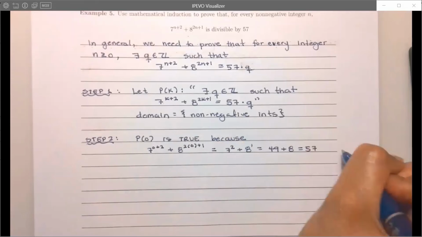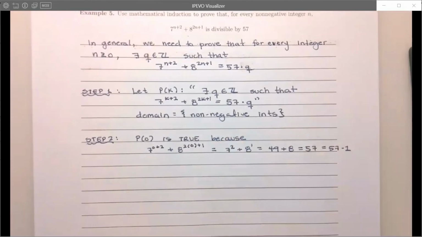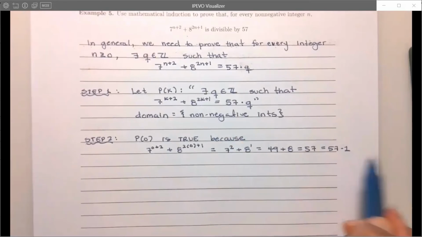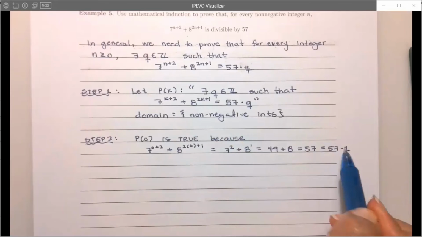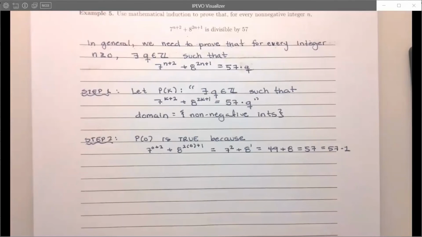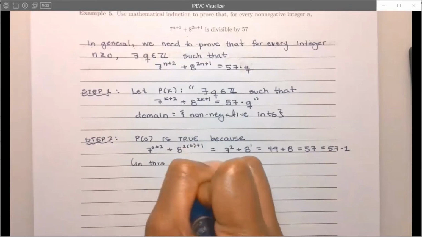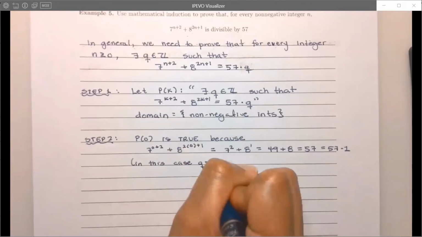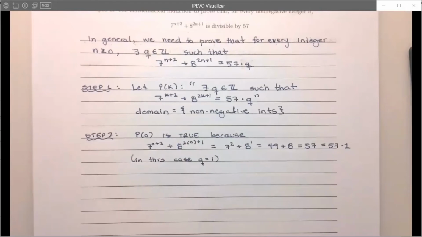And that in turn we could write as 57 times 1. So it's true because the result is 57 times the integer 1. Okay. So in this case, q happens to be 1. Okay, but the end of it is that P of 0 is true.